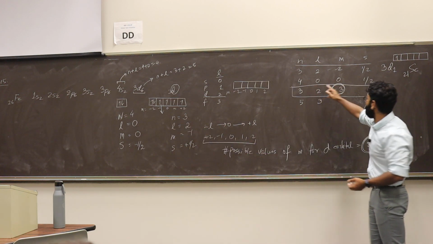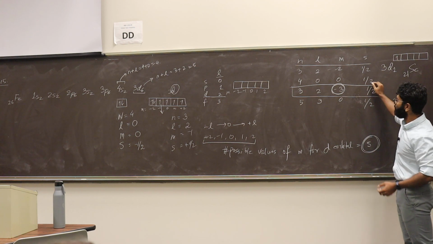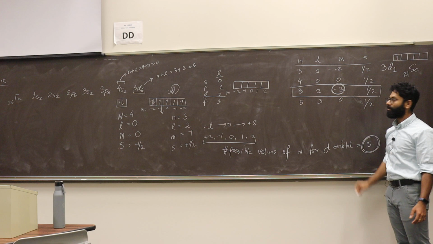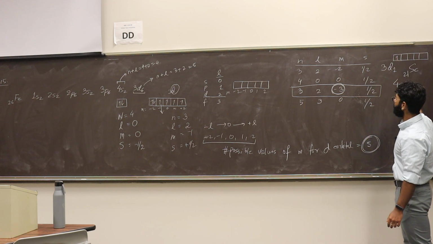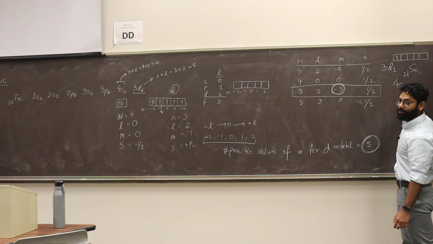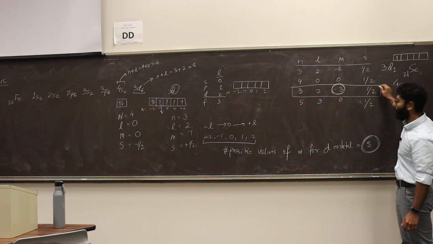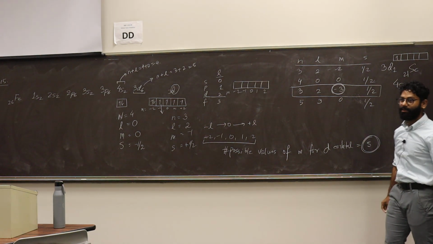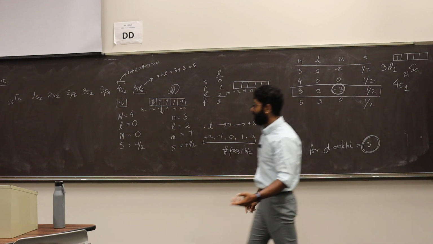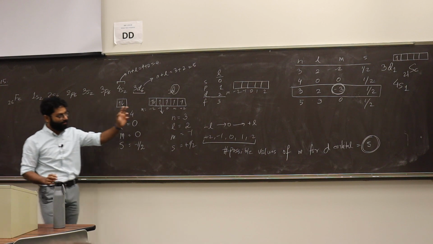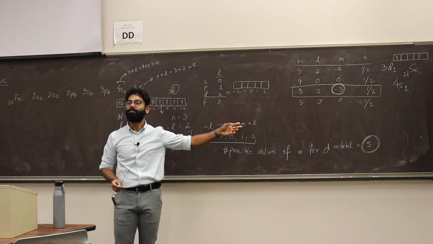Same for this. What's this? It's in 4S. Based on this, what do you say? Is it 1 or 2? 1. What is 4s1? Okay, let's do this. So 4s1, which group is that? 1 group.